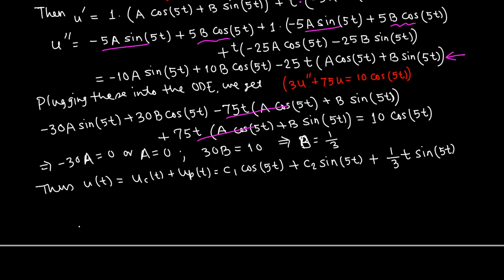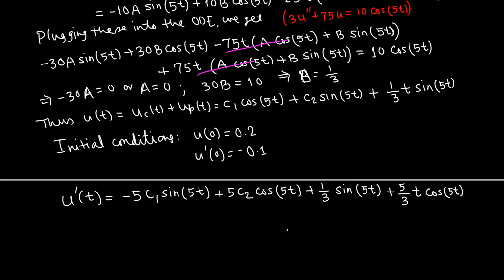Note that the initial displacement is 0.2 and the initial velocity is negative 0.1. To make use of the initial velocity, let's find the derivative of this displacement u. Here we need to use the product rule, and this is the derivative of this function.